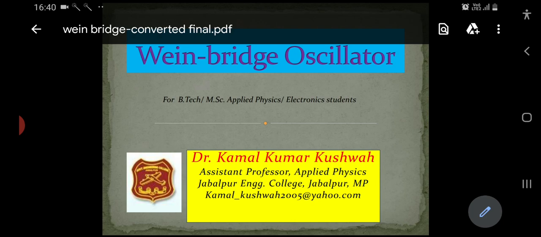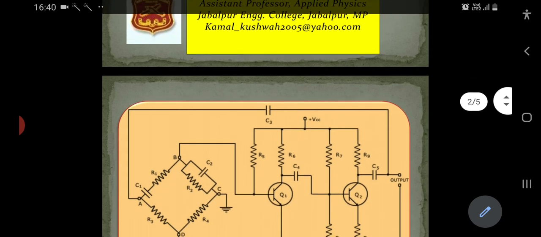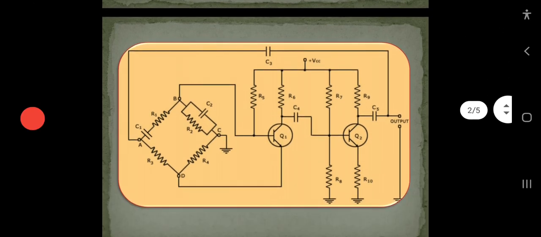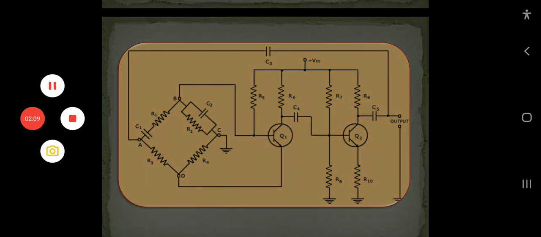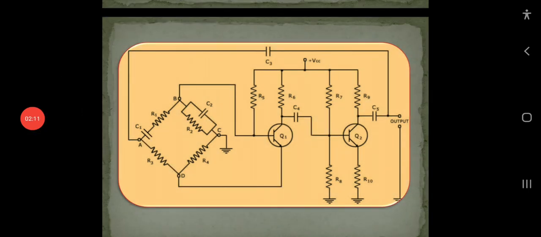The particular circuit of Wien bridge oscillator is shown in the slide. From the circuit, it is clear that it has two identical common emitter amplifier stages, Q1 and Q2. Q1 is the first amplifier stage, Q2 is another amplifier stage, and these two stages are connected with the coupling capacitor C4.